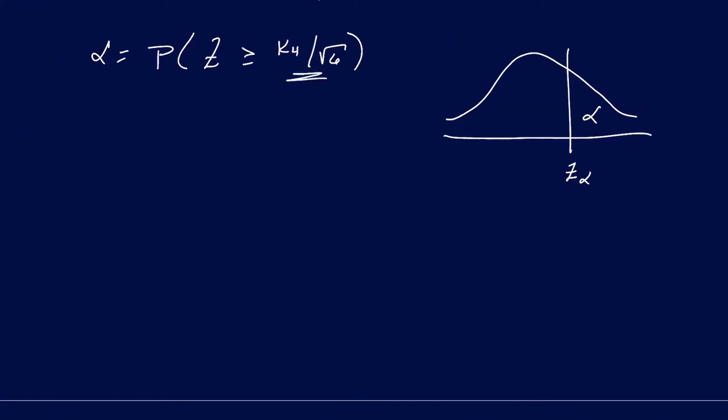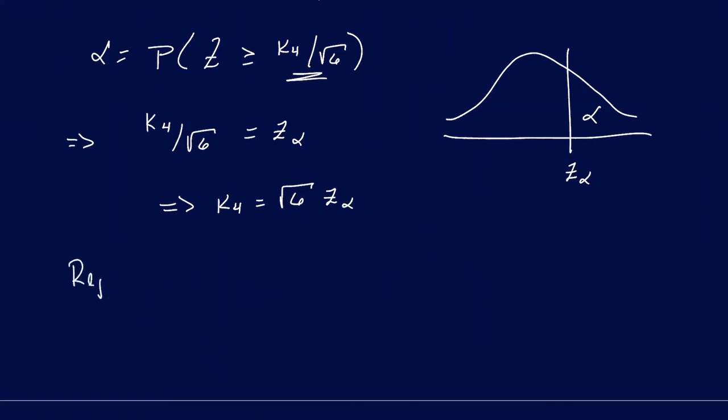And so this has to be equal to z sub alpha. So we've got that k4 over the square root of 6 is equal to z sub alpha. And this means that k4 is equal to the square root of 6 times z sub alpha. And so let's pull it all back together.